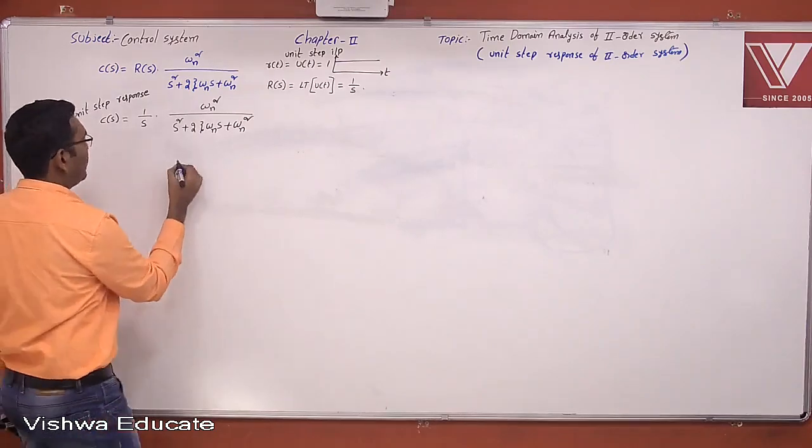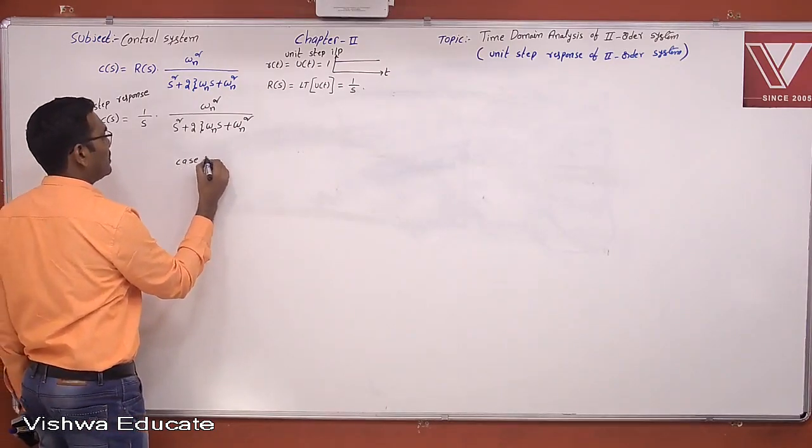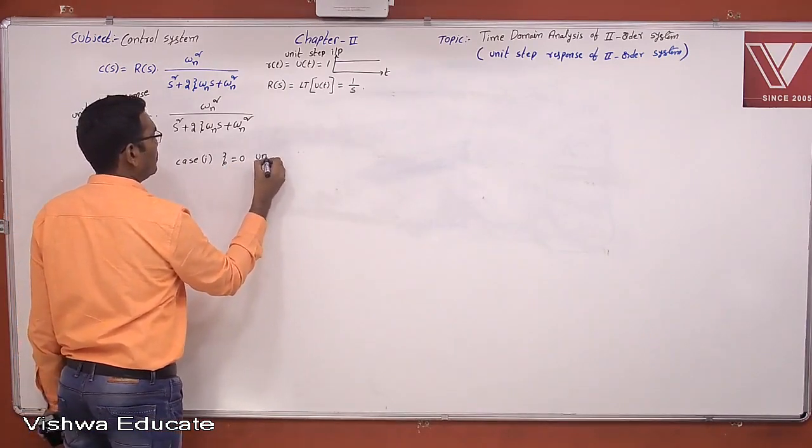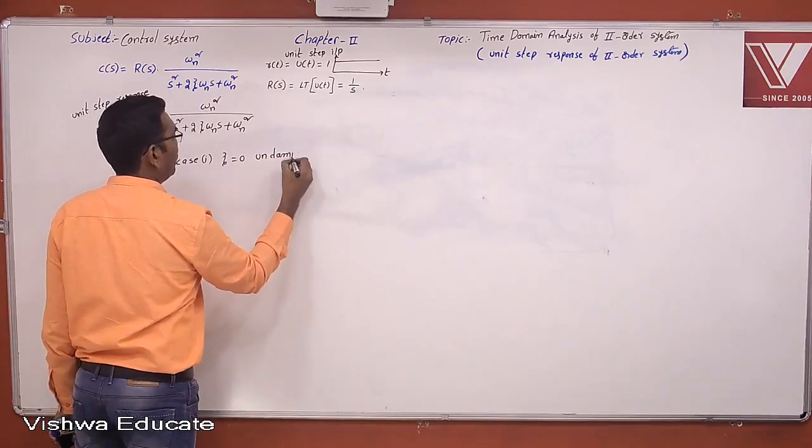Okay. Now case 1. We will start with the first case. Damping factor zeta equal to 0. This is nothing but the undamped response.